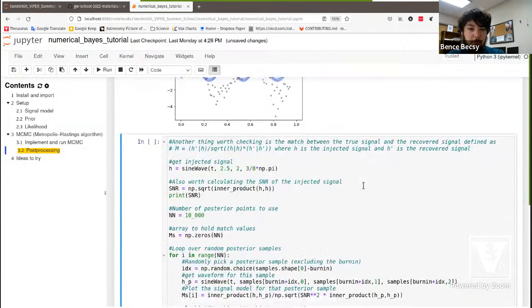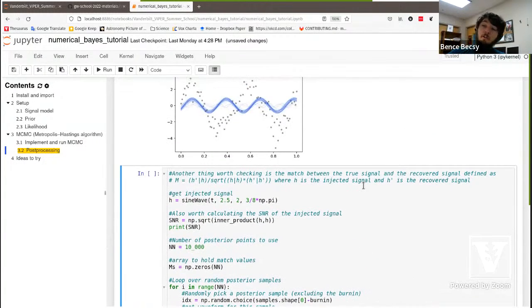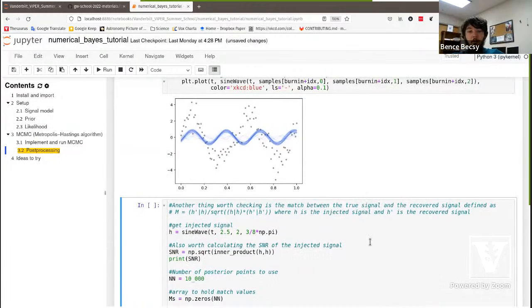Another diagnostic is that you can calculate something called the match between the true signal that you simulated and the recovered signal for some random draws from the posterior.